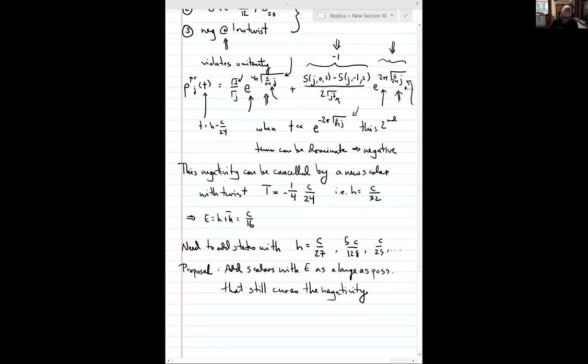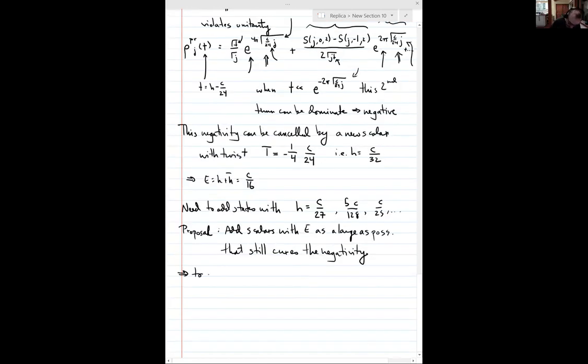And so what you end up with is a tower of states. So there was one state with h equals c over 32, another c over 27, another 5c over 128, and so on and so forth.